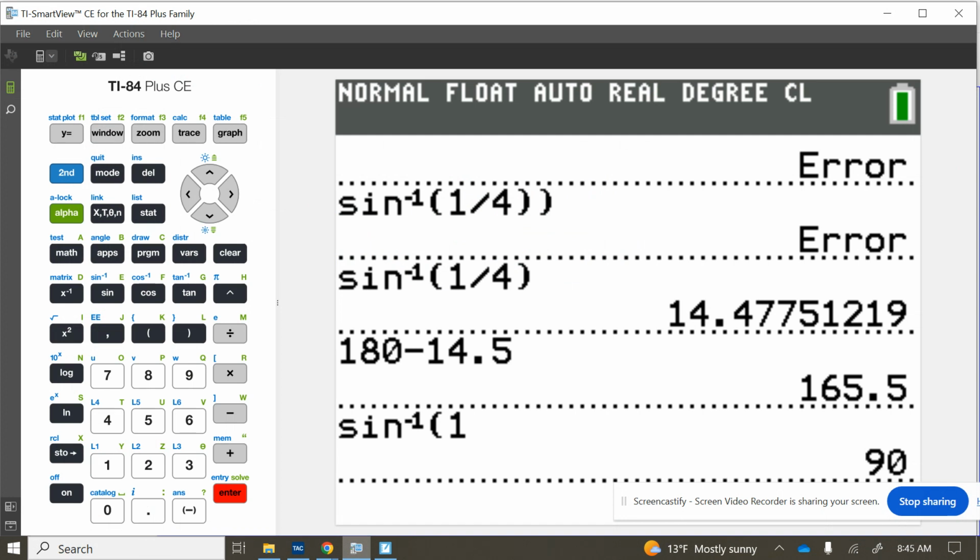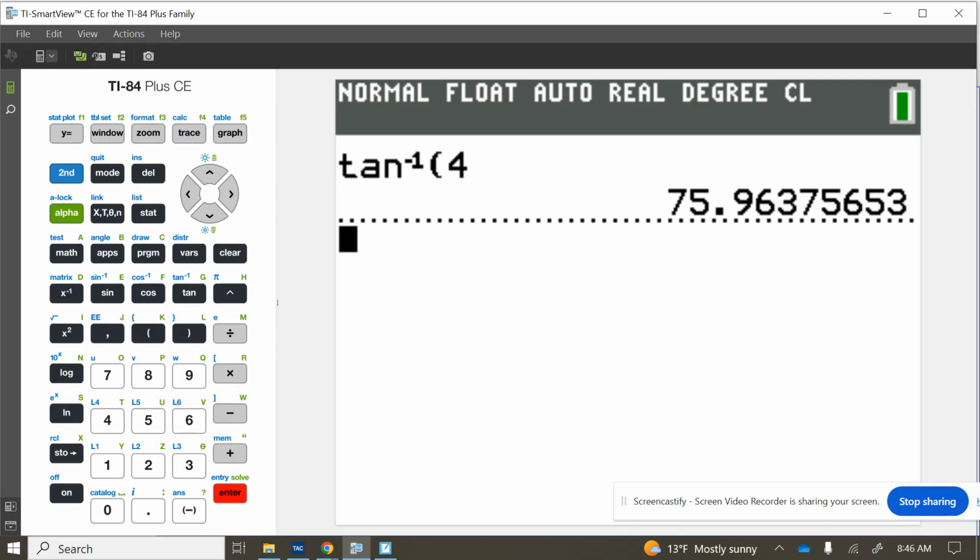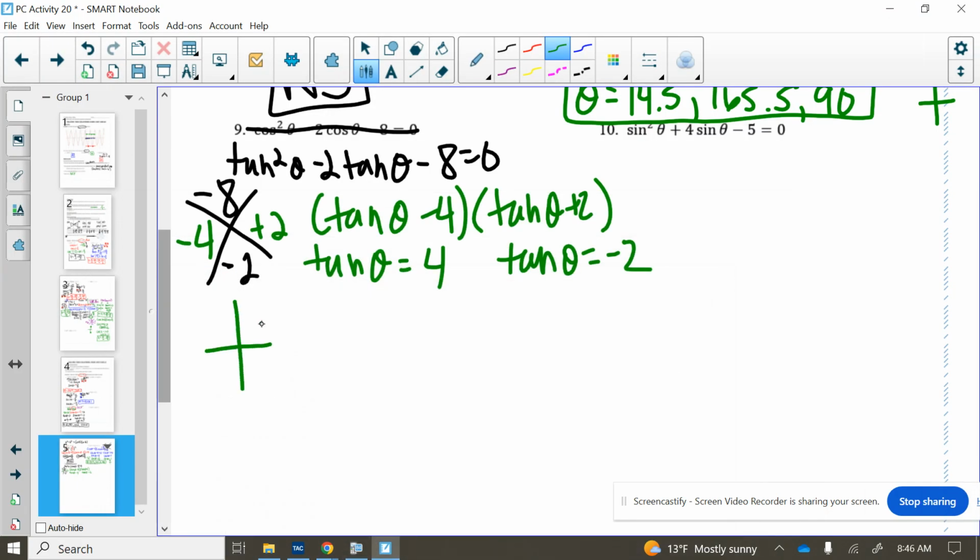Well, reminder, tangent, unlike sine and cosine, you can take a tangent of a number bigger than 1. So if we take tan inverse of, in this case, 4, we get 76 degrees. And tangent is going to be positive at that value in quadrant 1 as well as quadrant 3.